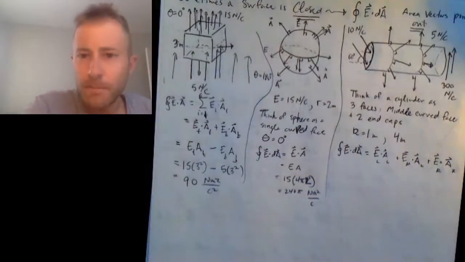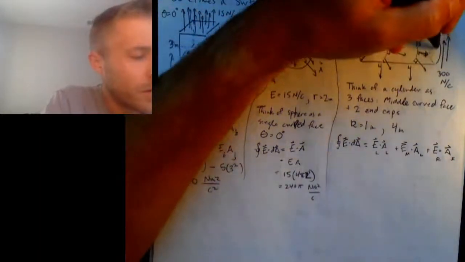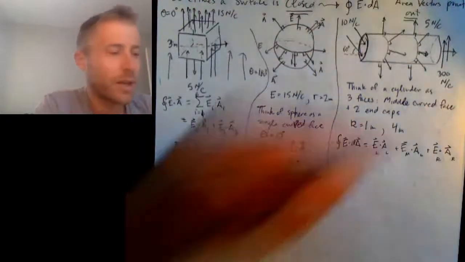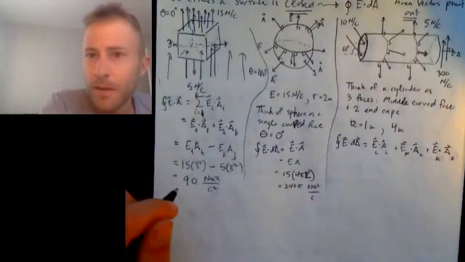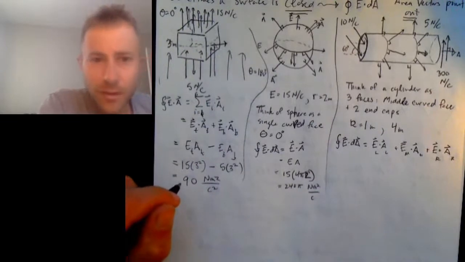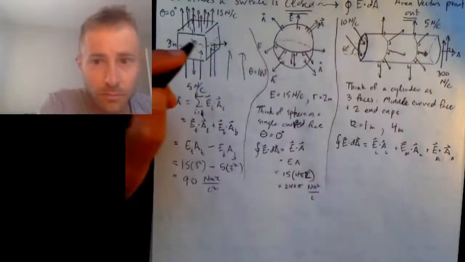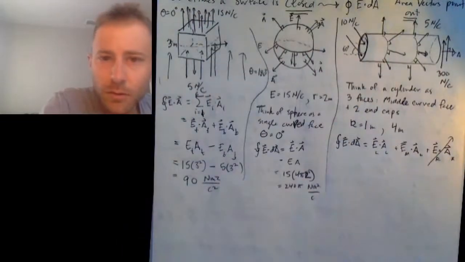Now here's the thing. For the right end cap, the area vector is going to point that way. So that's the direction of the area vector, and the electric field points up and down. So that means that the angle is 90 degrees, which means there is no flux. So this one, no flux.